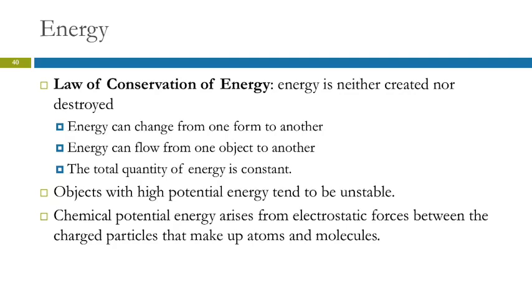So chemical potential energy comes from the forces of attraction between the particles that make up atoms and molecules. These are electrostatic in nature. They're positive and negatively charged particles inside of atoms. It's the interaction between those particles that gives chemicals their potential energy.